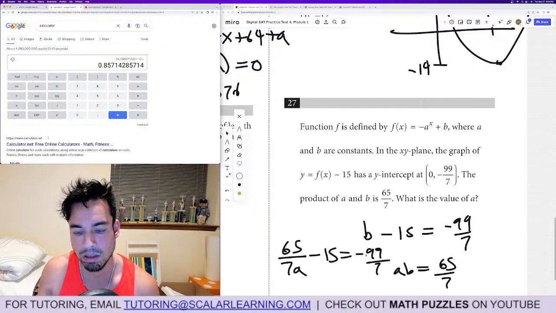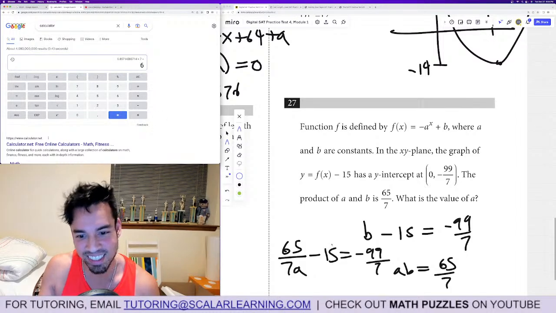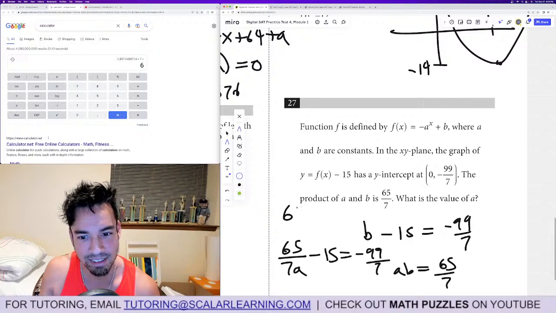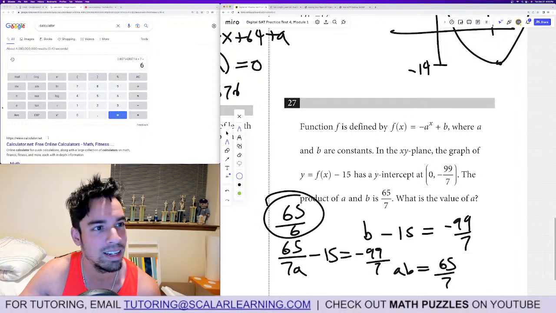And then it's times 7. Times 7. I'm doing a lot of this mentally. Oh, it's 6. And then it's 65 divided by 6, I guess. I don't know if that's right. I'm going so fast. Okay. Timer just ended. So I'm going to stop the timer.